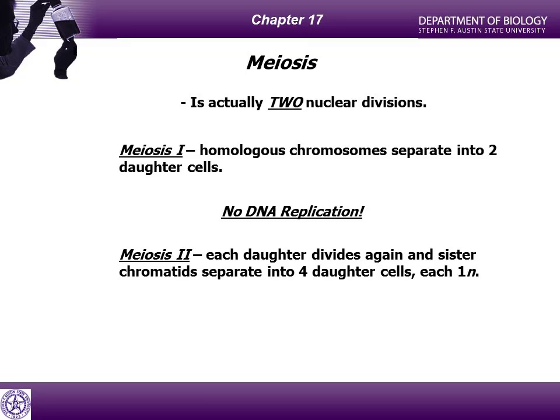So what's happening in meiosis 1, 23 of those sister chromatids are being moved to one side of the cell. The other 23 sister chromatids are being moved to the opposite side. We haven't pulled anything apart. That's why I don't like that separate. We're not pulling any sister chromatids apart.